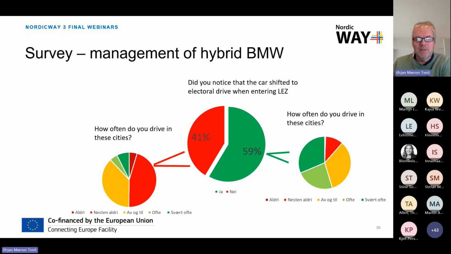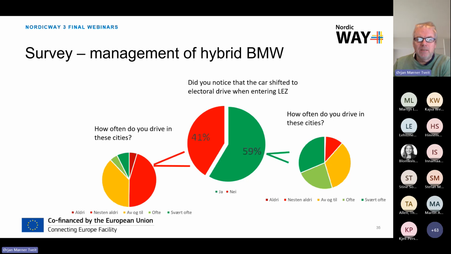There was a mixture of how people were reacting. 59% of the drivers that we interviewed had actually seen that their car had changed, so that they shifted to electrical drive only when they entered the low emission zone.